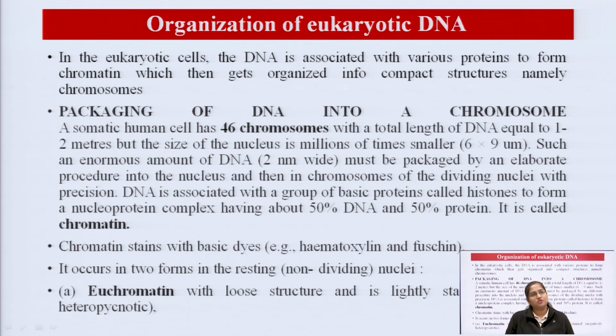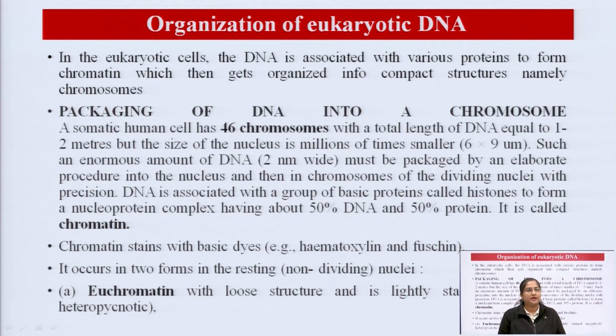Prokaryotic organisms are also called simple celled organisms, whereas eukaryotes are complex celled organisms. That means they have some processes more complicated than prokaryotes. So, in this we are going to study the organization of eukaryotic DNA.